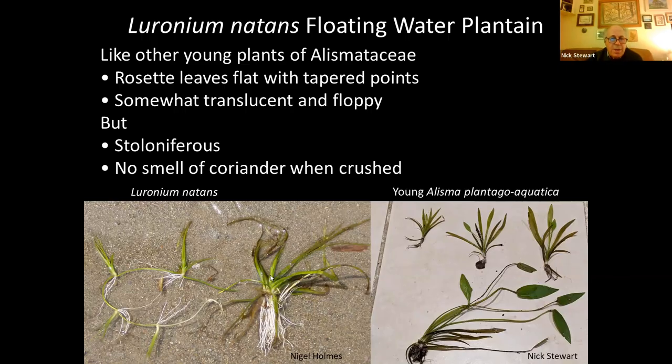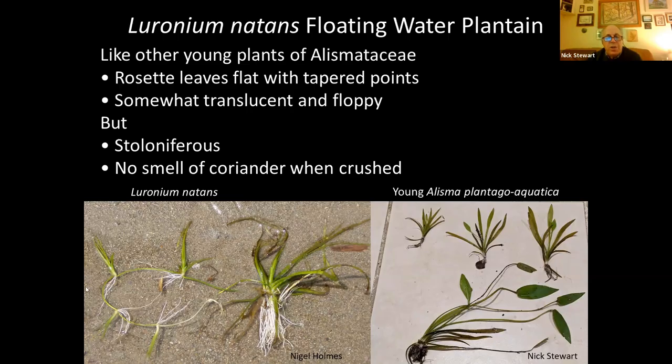The only other thing that's similar is a variation of Baldellia, or the lesser water plantain, which may be a separate species, and if it is, it's called Baldellia repens.